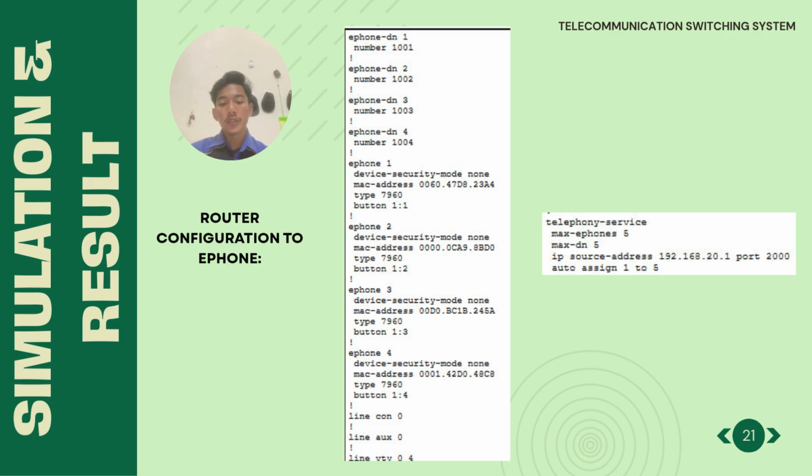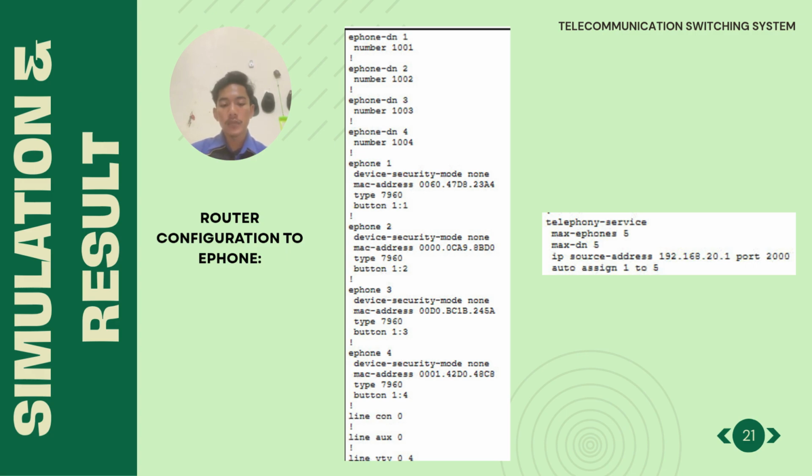This slide shows the Cisco CME router configuration for the IP phone. The configuration includes 4 ePhones, each assigned with a unique extension number from 1001 to 1004 and registered using their MAC address.